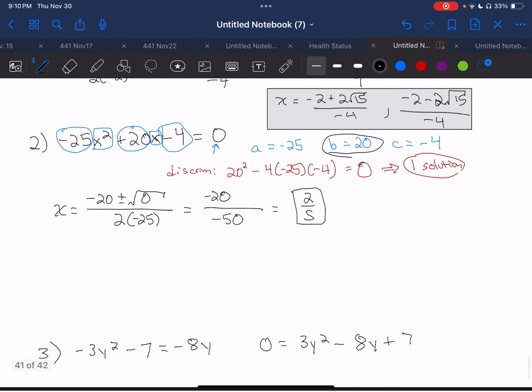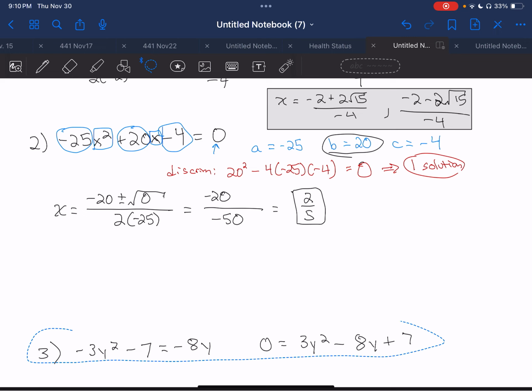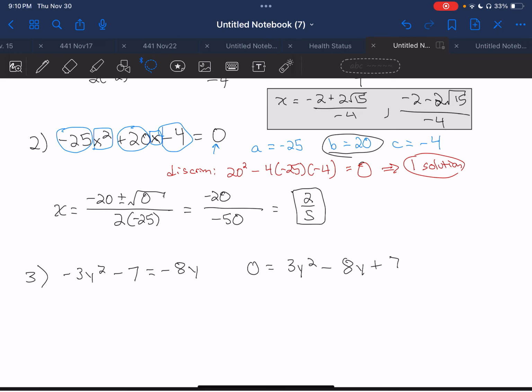One more. Let's pull it up. So the question came out in this form, but we need 0 equals. Watch out for that because a lot of the questions already have it, so you can forget that you actually need to have it set out that way. So what I did to get over to that form is I say, let's add 3y squared to both sides.